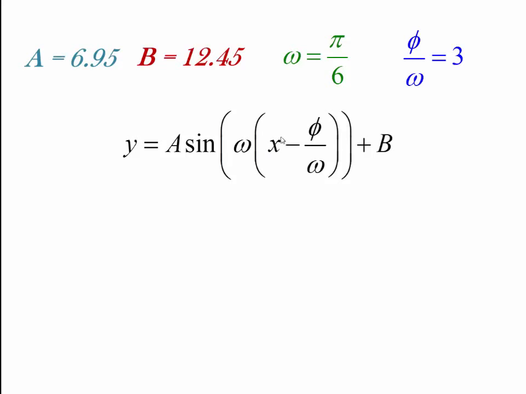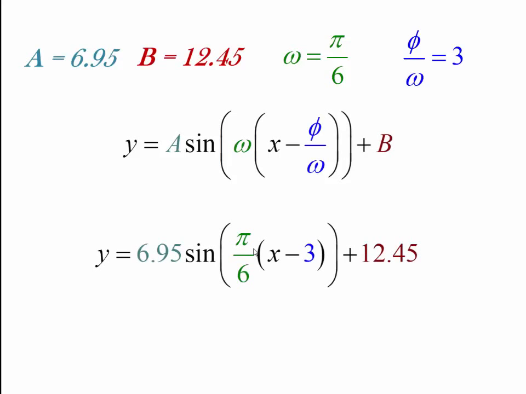Some books talk about using x when we're talking about radians and theta when we're talking about degrees. I don't personally subscribe to that. I find them interchangeable. This is our phase shift. This is our vertical shift. So we can think about it as bringing in each of these values where they belong. And this is our equation to describe the hours of sunlight in Anchorage, Alaska per month, where x is the month of the year.